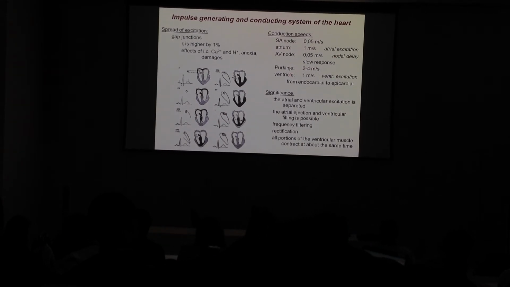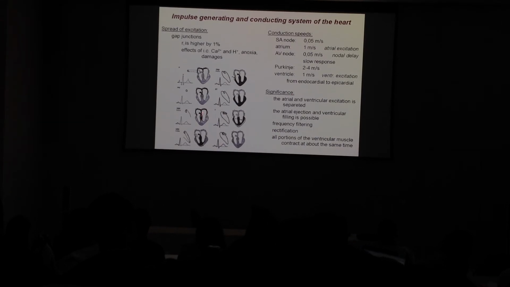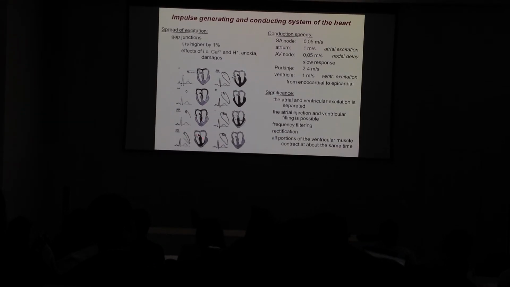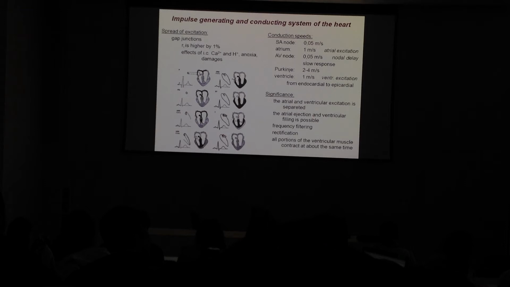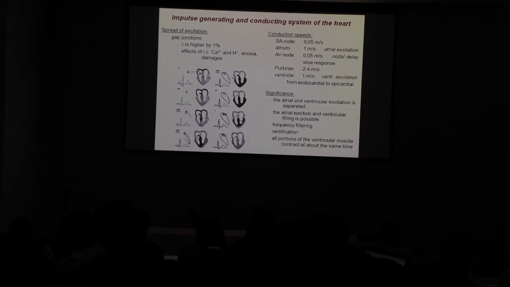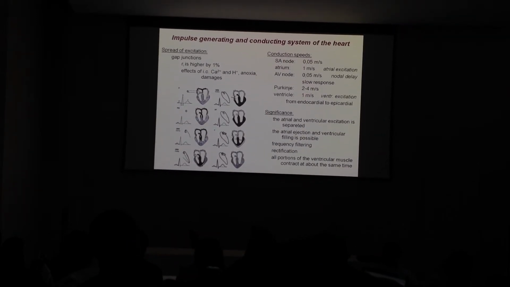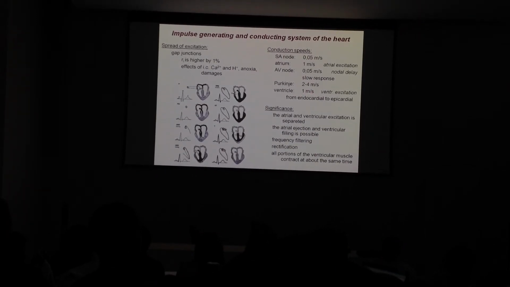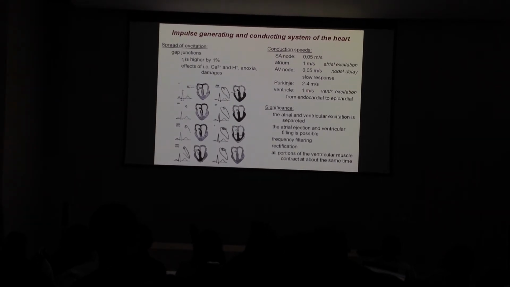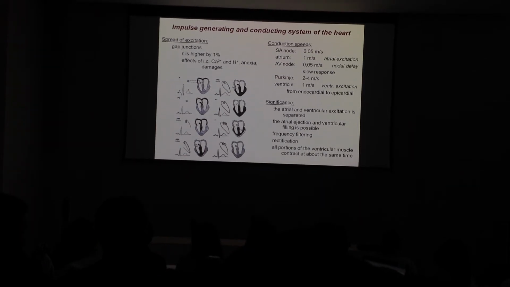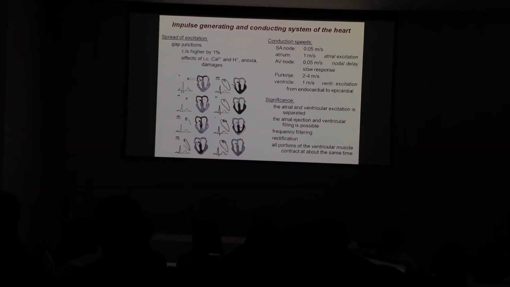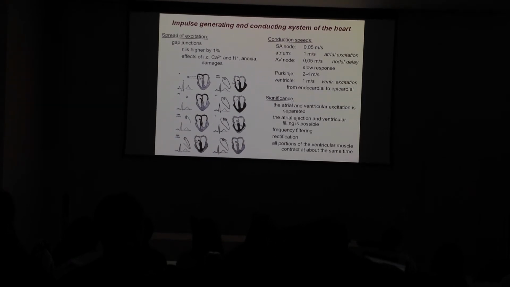After that they reach the Purkinje fibers, and through the Purkinje fibers they very quickly reach the whole ventricle. The ventricular muscle fibers also have a high conduction velocity, and this will depolarize all the muscle fibers in the ventricle.